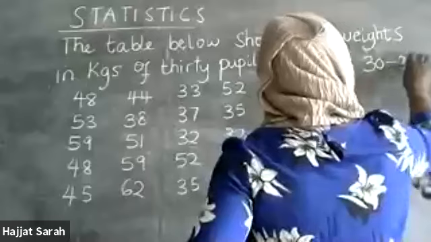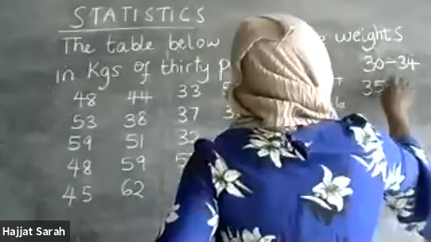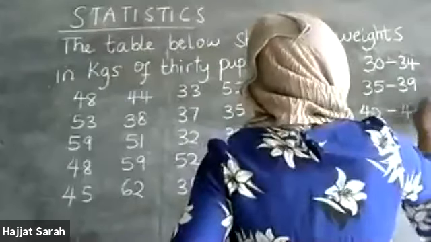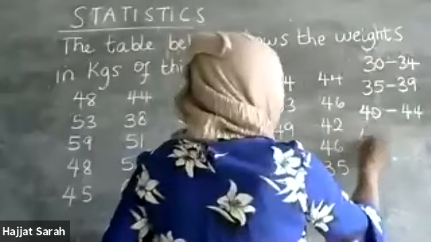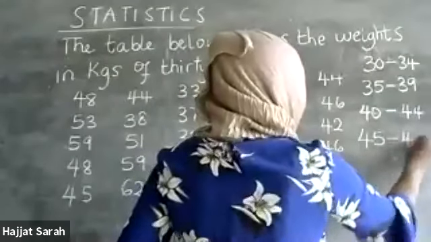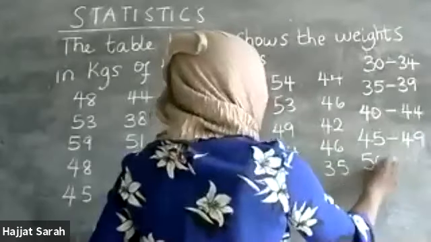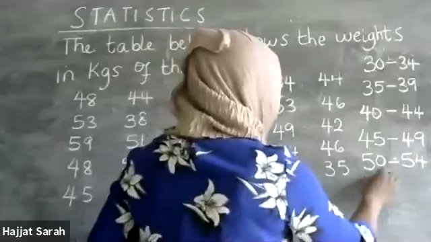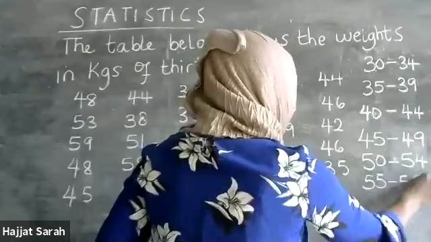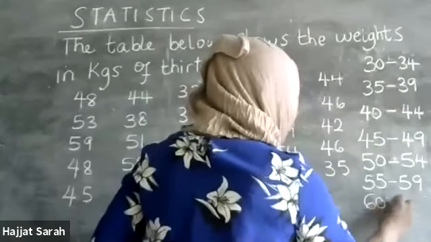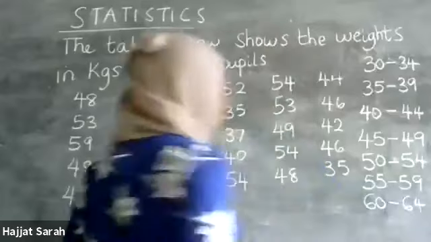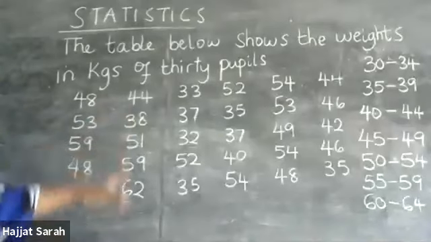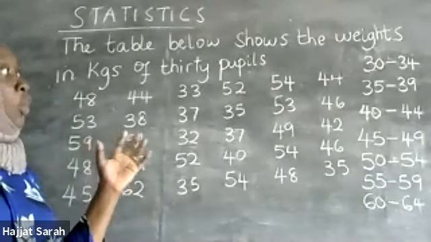Automatically, the next class will be 45 to 49, then 50 to 54, then 55 to 59, and then 60 to 64. So 60 to 64 will be your last class because the last figure is 62. Is that okay?